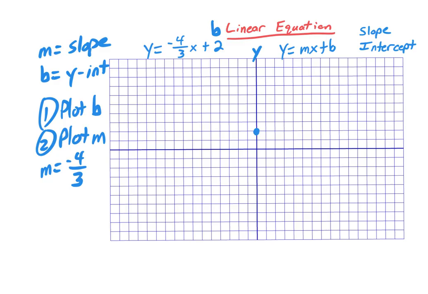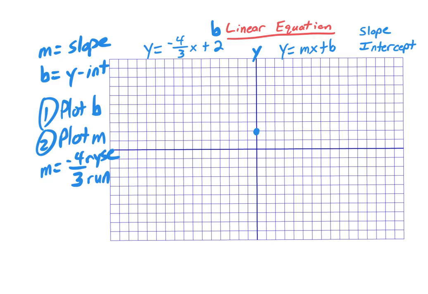So we'll talk about slope in more depth later on in the chapter, but what we're going to do here is use the slope to plot our other point. And the reason why it's easier to do this is because it's rise over run. Okay? And I spelled rise a little bit differently. But the reason I spell it with the y is because that tells us we're going to rise first, and that's our y value. It's going to go up and down first.